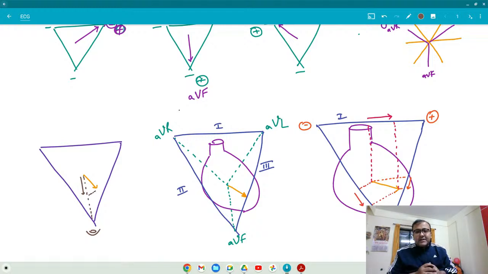If I say AVR, that means let's say this is the direction of AVR. So this time the observer is here. If you drop perpendicular, the direction of depolarization is moving away from the anode or towards the anode? AVR.